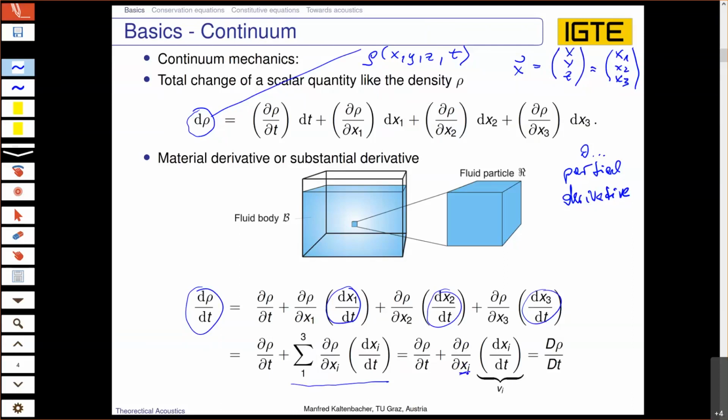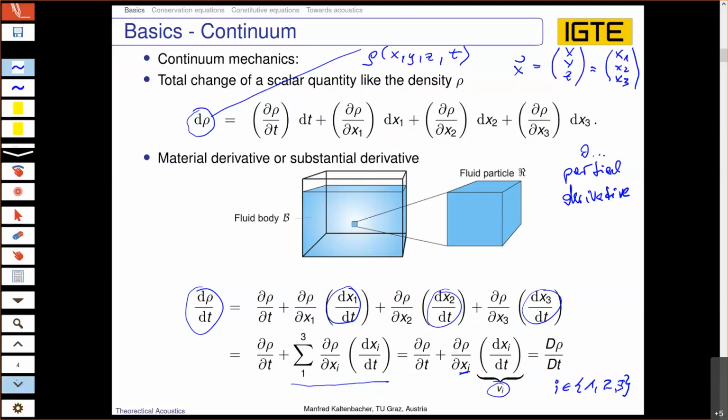We know i takes on the values 1, 2, and 3, so that it is the x1 coordinate, x2 coordinate, x3 coordinate, and the total change of the coordinates with respect to time are then the components of our velocity.